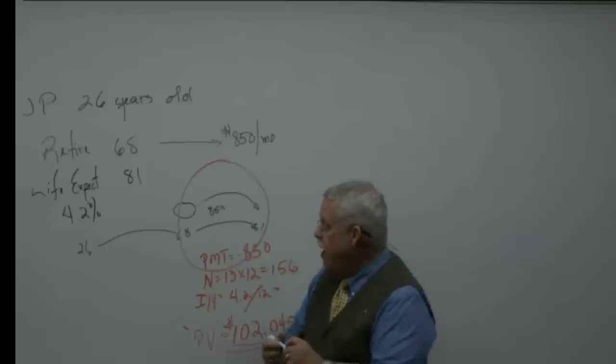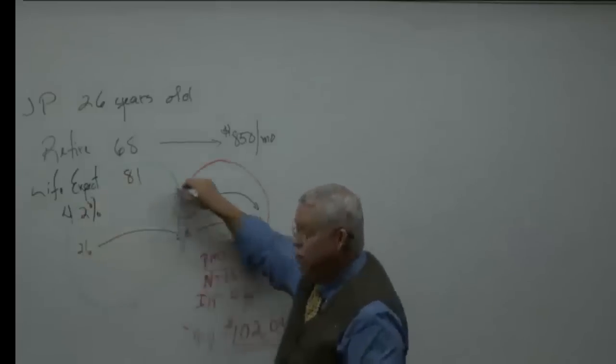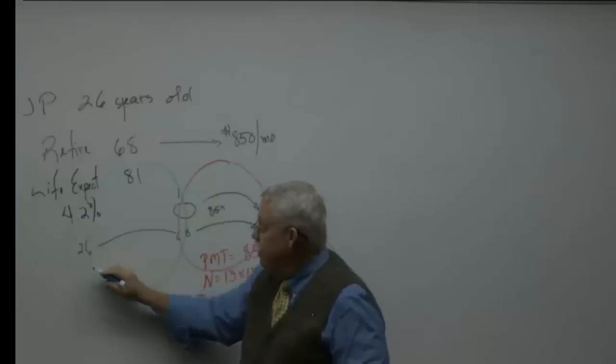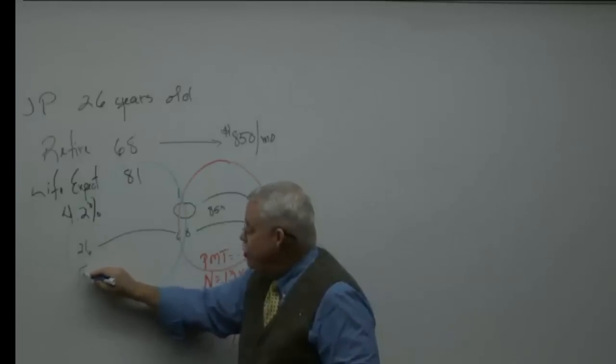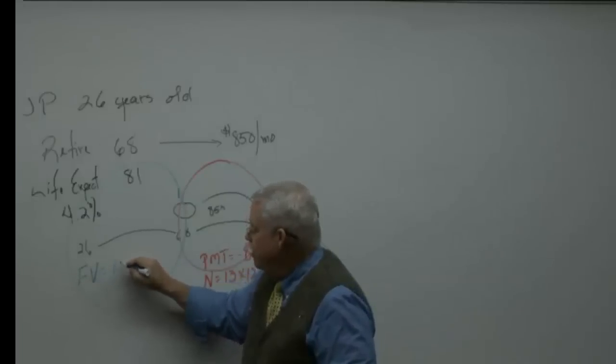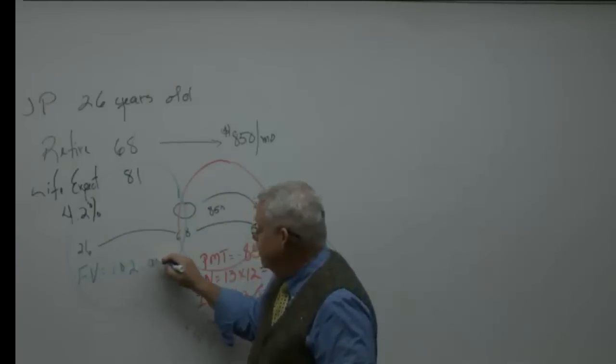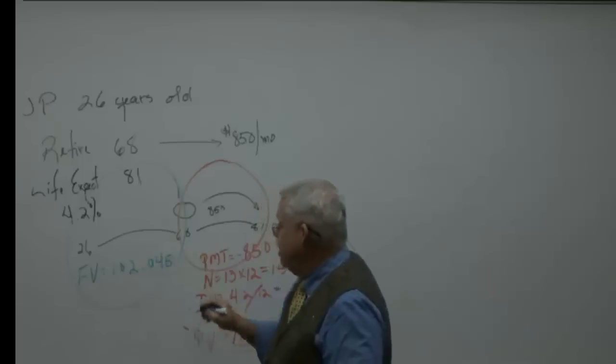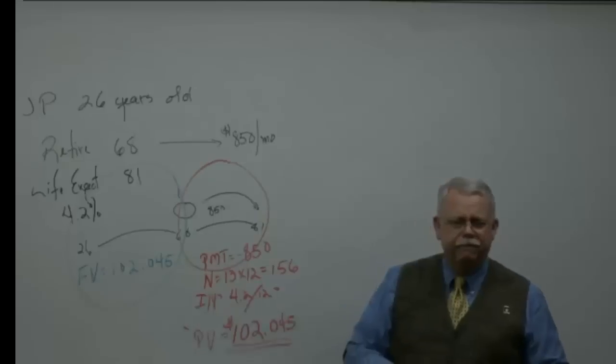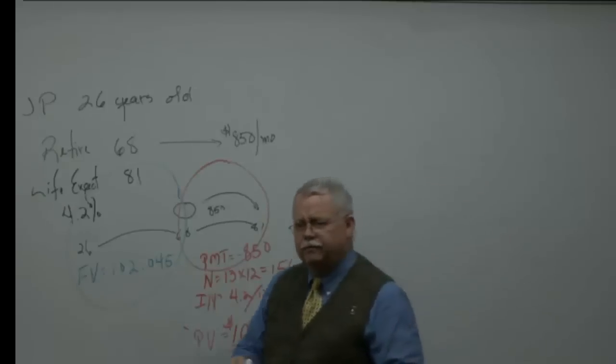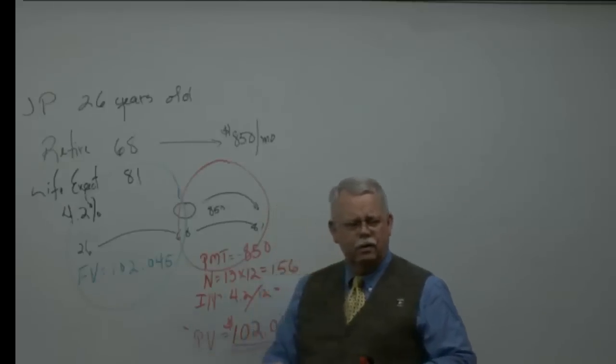So the other half of the calculation over here is he needs a future value of $102,045. How many years does he have to get it? 34 years, right? How'd you get 34?